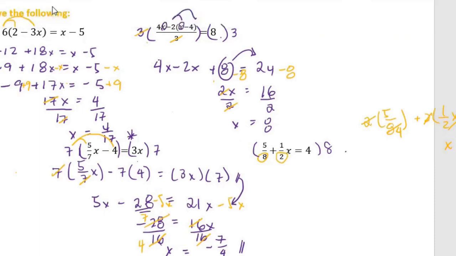Taking the entire equation, multiplying it by 8 is the same as taking the left side and the right side and multiplying by 8. It's essentially one step more of distributive property that we have to do. And then we end up with 8 times 5/8 plus 8 times 1/2 x is equal to 4 times 8.